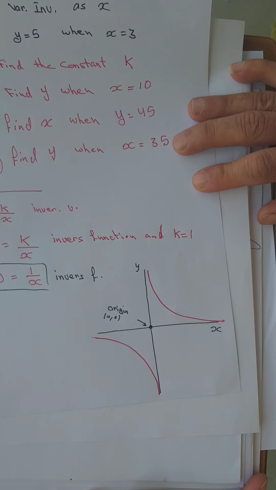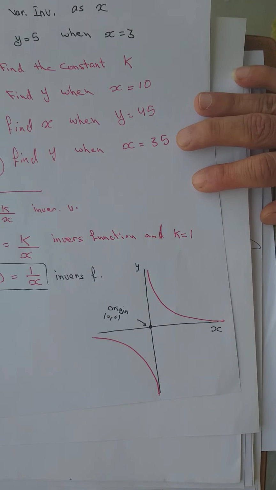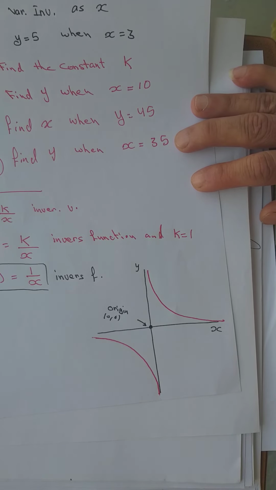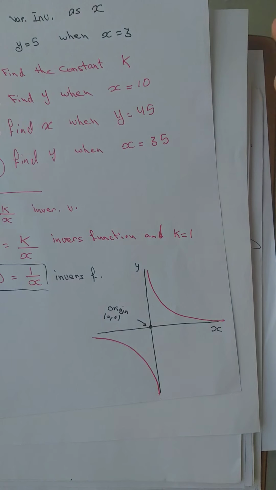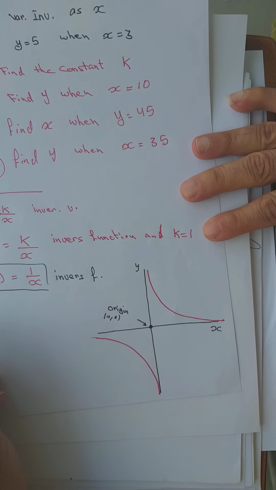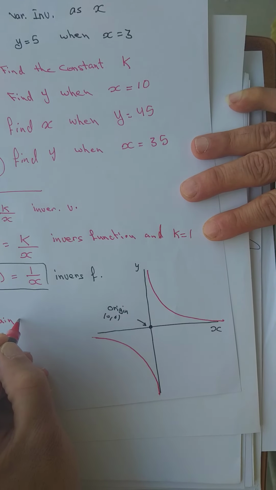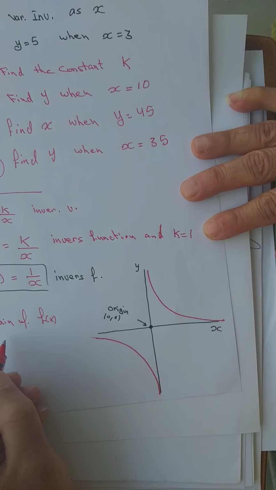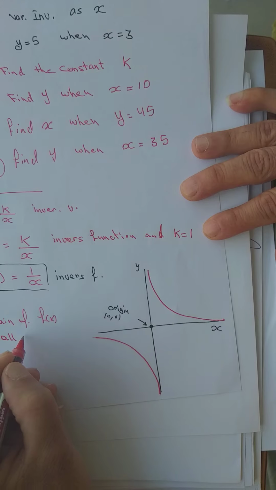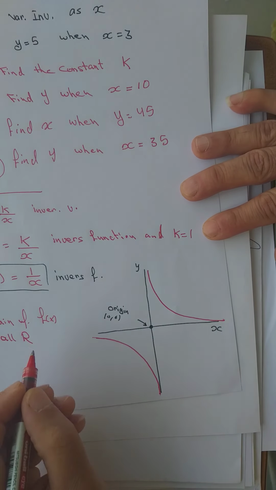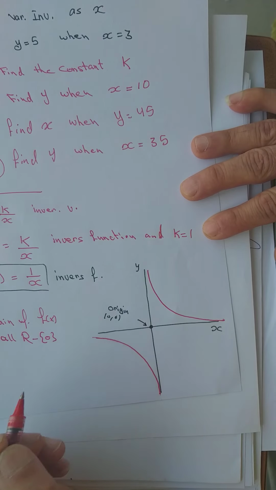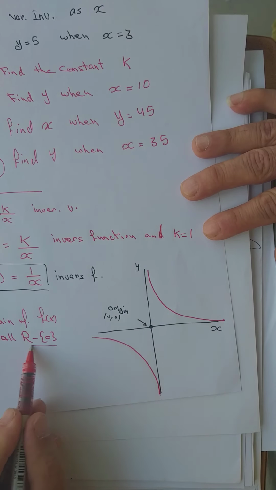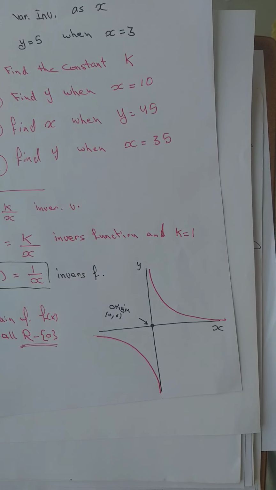This is the graph of inverse function. We can put for x any number except 0, which means the domain of f is real numbers except 0.